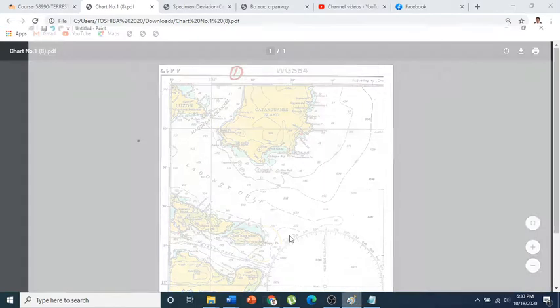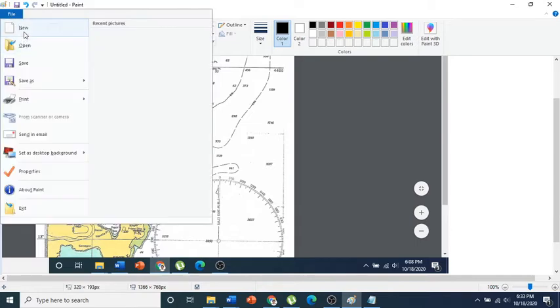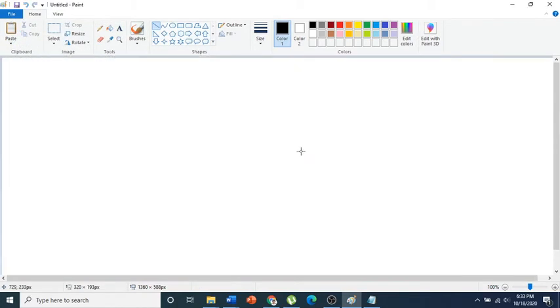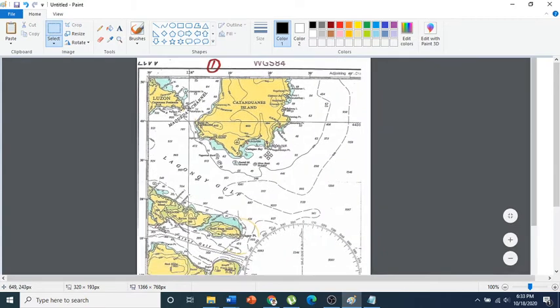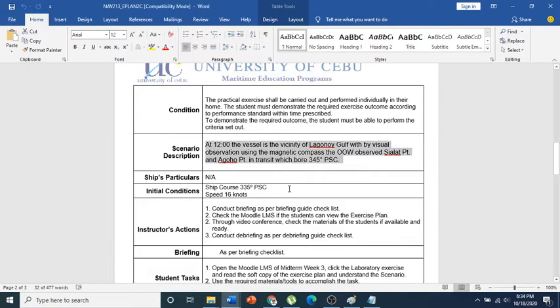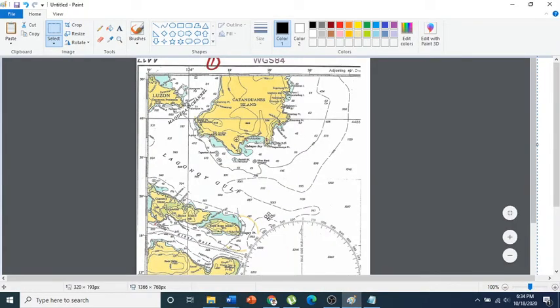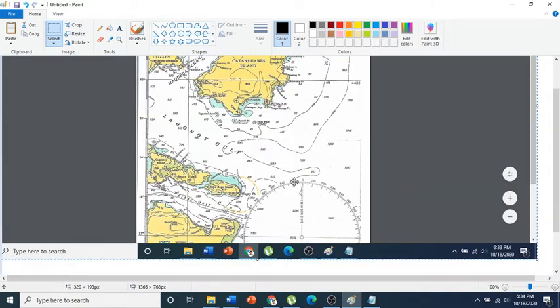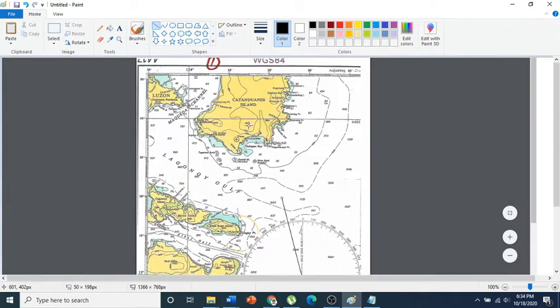It says here that at 1200, the OOW observed in transit with a bearing PSC of 345 degrees. So we measure 345 on Sialat Point and Aguho Point here.